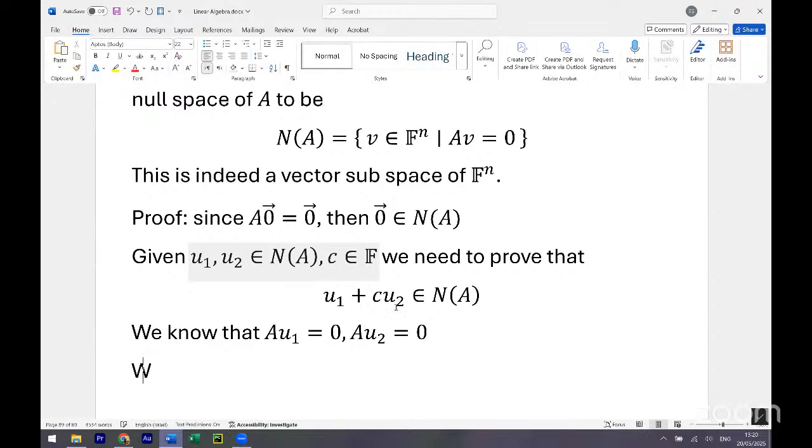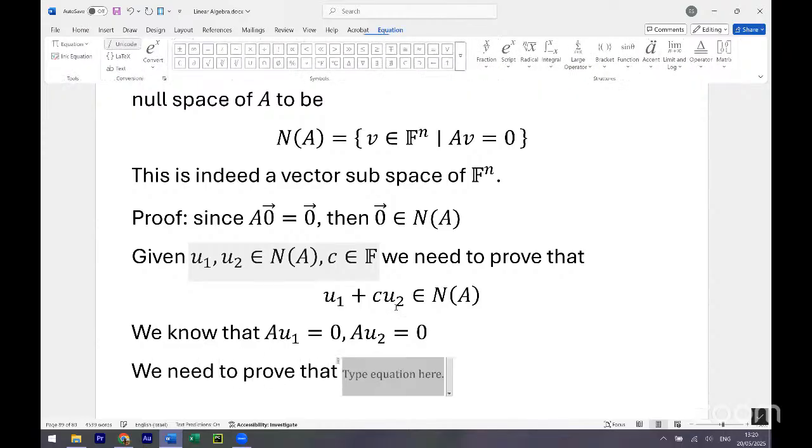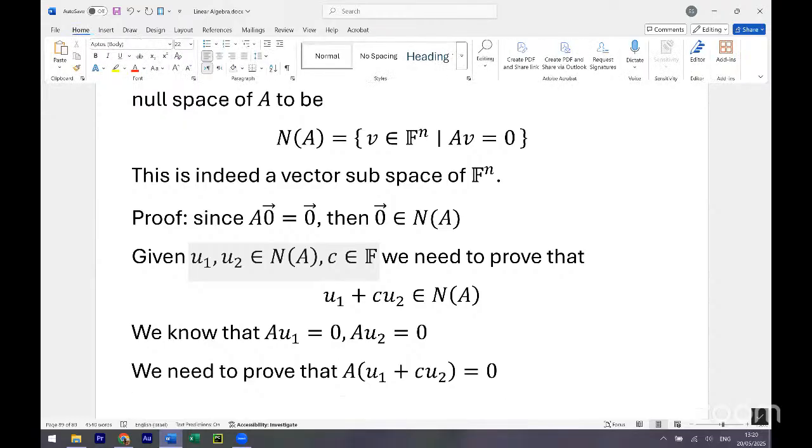What do we need to prove? That A times U1 plus CU2 equals 0. Exactly. So that's a translation of what we have and what we need to prove to be specific to that example. Indeed, and then the proof comes, and the proof is so easy. Why?